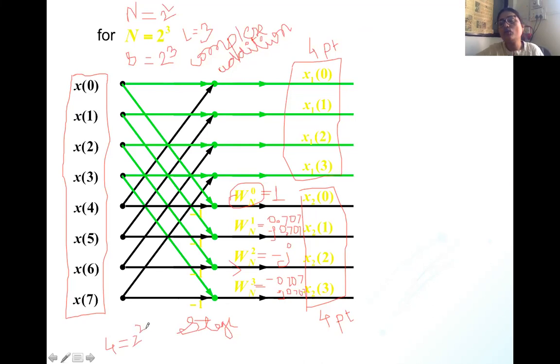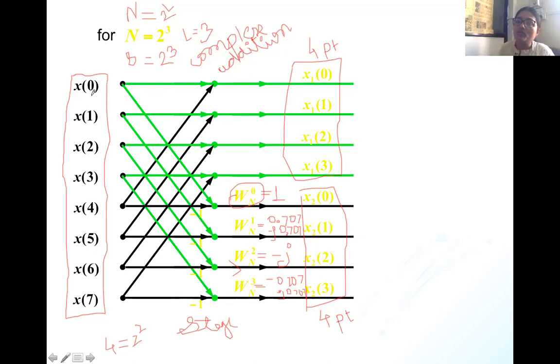I have 8 points, I will have to apply 3 stages. If I have 16 points, I will have to apply 4 stages, right? So depending upon the number of samples or points present in the sequence, based on that we will have to apply the number of stages in order to compute the final output or DFT values at the output side.